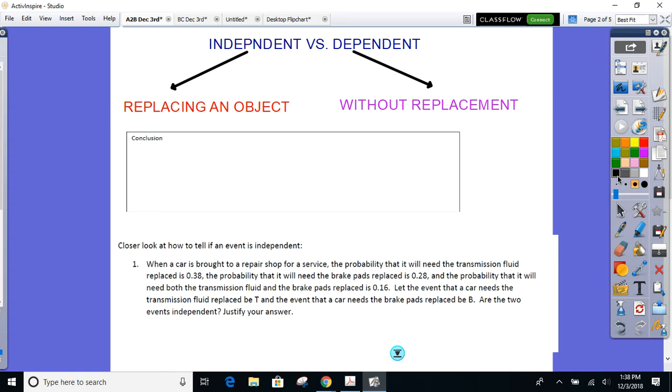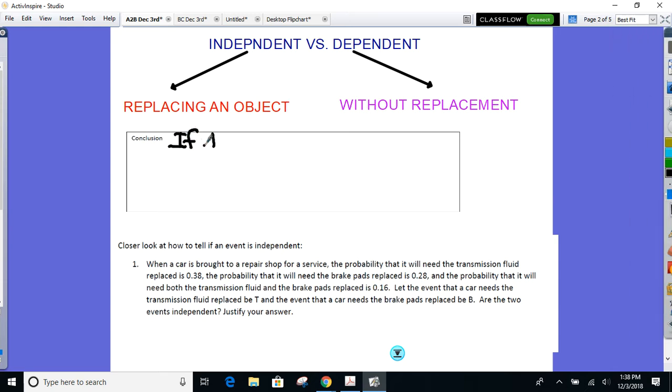But here's today. There's no replacing of anything. I'm not even going to mention anything being replaced or not replaced. So how can we figure out if it's independent or not? Here's how we're going to do it. It's another formula. I apologize. This is how we're going to test if 2 events are independent.